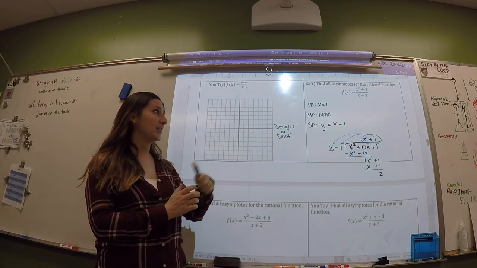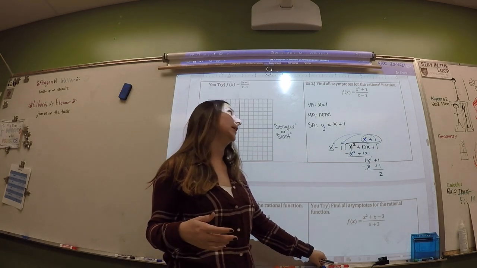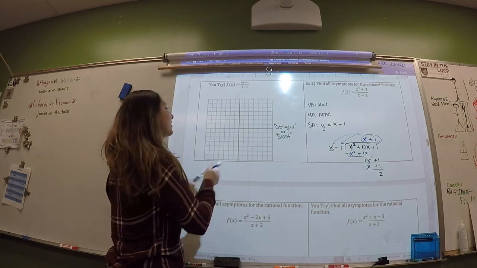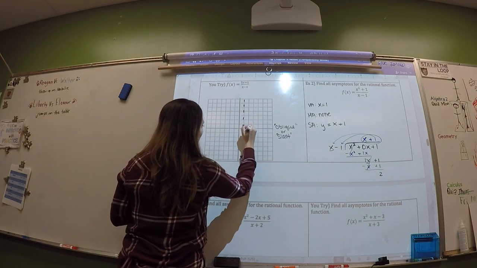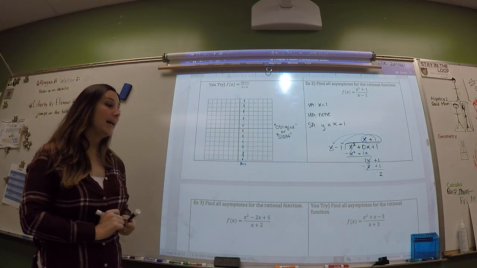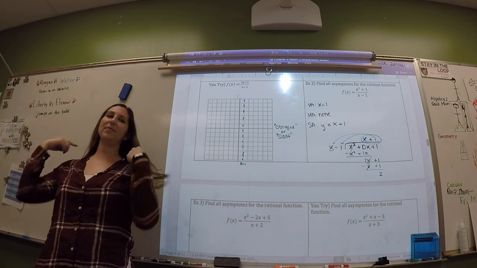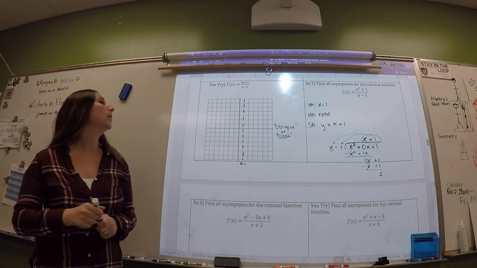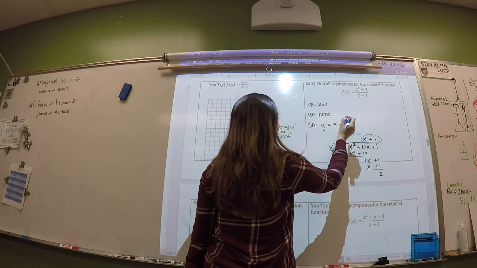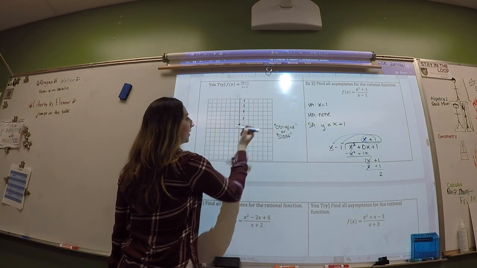So it just says to find all the asymptotes, but I want you to know what it looks like if it's graphed too, just so you have an idea. So the vertical asymptote of this one is going to be x equals 1. Now the slant asymptote is y equals x plus 1. So you have to know how to graph a line to graph that asymptote. This is the y-intercept of the asymptote, so that's right here.